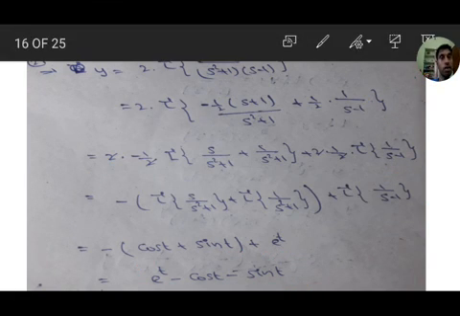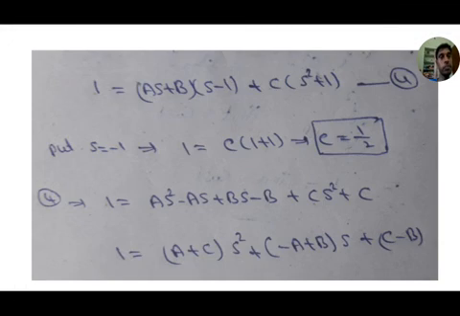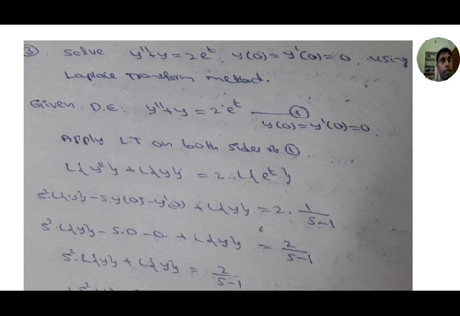Okay, first we have to remember here, apply Laplace transform on both sides of the equation. Next use the formulae for second order derivative, first order derivative and given function Laplace transform. Next replace the initial conditions given in the problem.